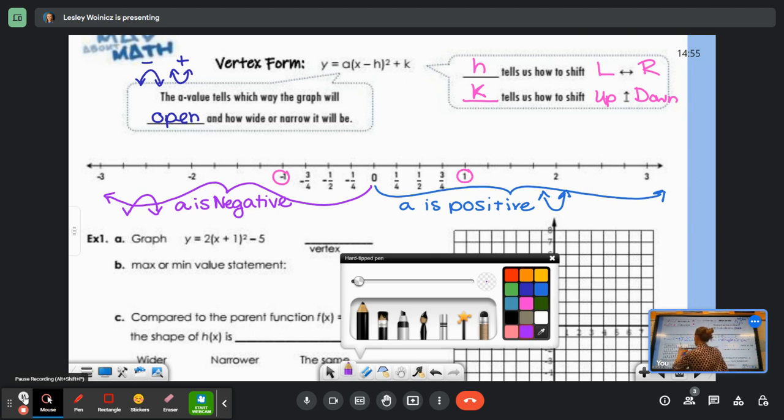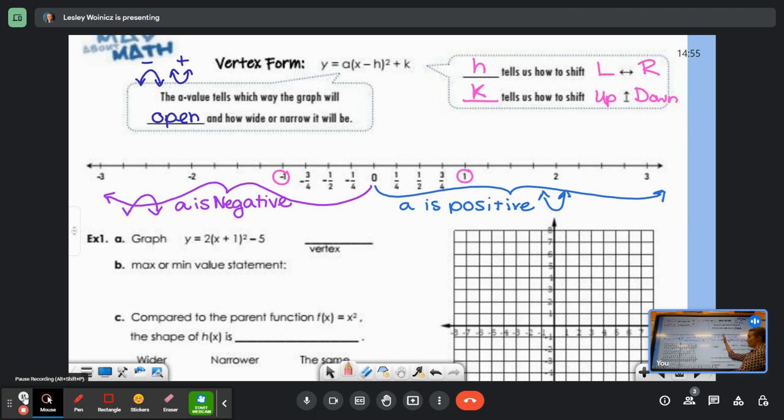Now, something special happens when A is between -1 and +1. Do you notice how in between -1 and +1, all of these little fractions have numerators that are smaller than the denominators? The values are getting closer and closer and closer to 0.